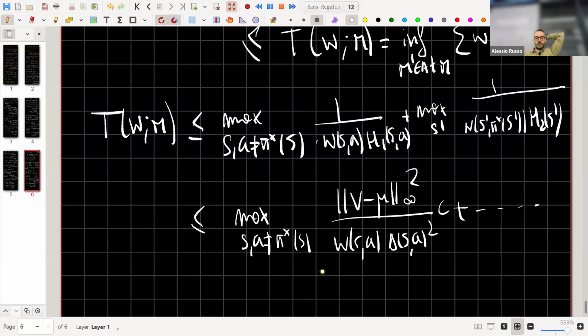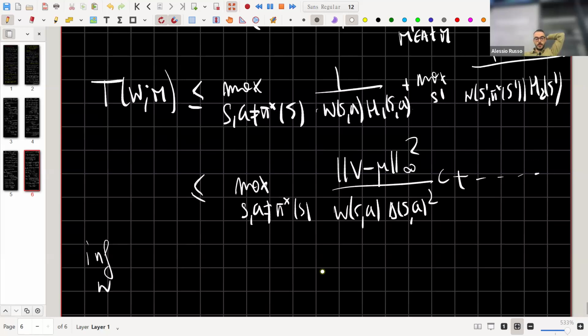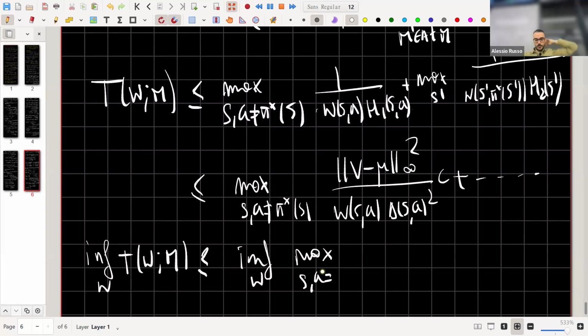So the last step here is simply to optimize in W, so that you can make it as tight as possible, of this quantity here.